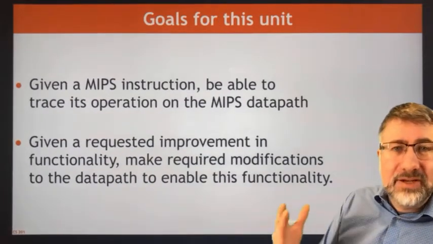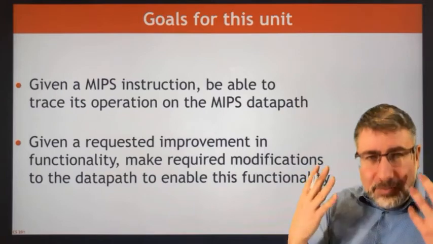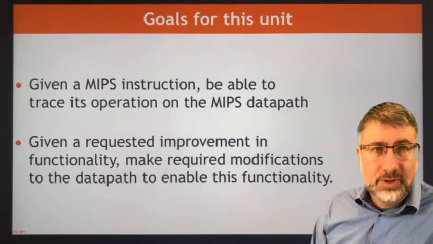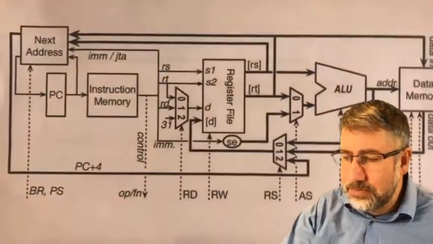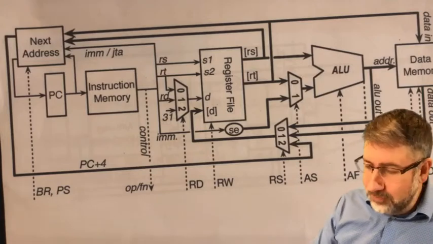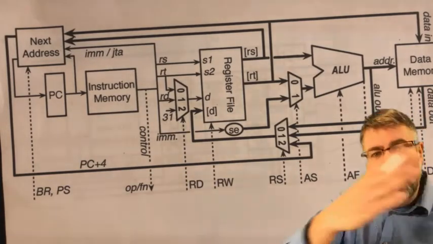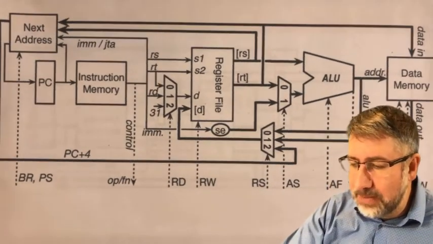So the end of this set of notes introduced the machine and gave you the basic format of the instructions that are in MIPS. If I give you a MIPS instruction, you should be able to look at this machine and tell me what the value of each of these multiplexers is for that instruction and how data flows through this machine, right? Because now you know the different formats and how they work.